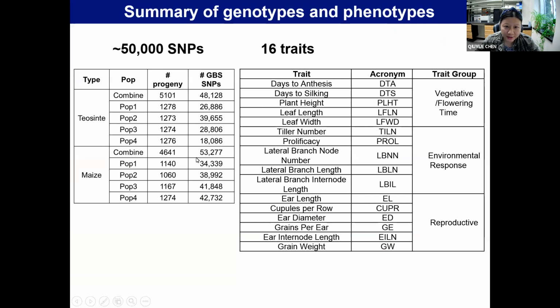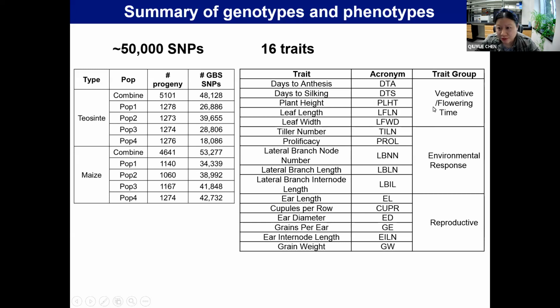To summarize our genotypes and phenotypes, we have 4 populations for teosinte and maize respectively, and both of them have around 50,000 GBS SNPs. We scored a total of 16 traits, and these traits have been classified into 3 trait groups by their genetic relationships.